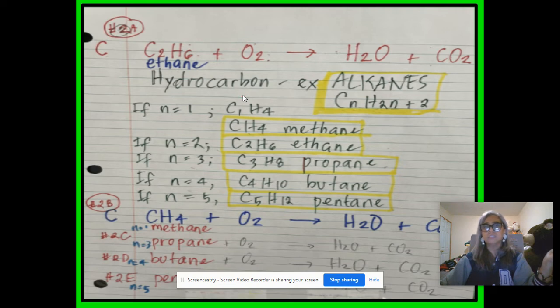C, combustion? SR, single replacement? DR, double replacement? Of course, with combustion, we said earlier that it's always a reaction with O2 to yield the fixed products of water, H2O, and CO2, carbon dioxide. So this is actually ethane.